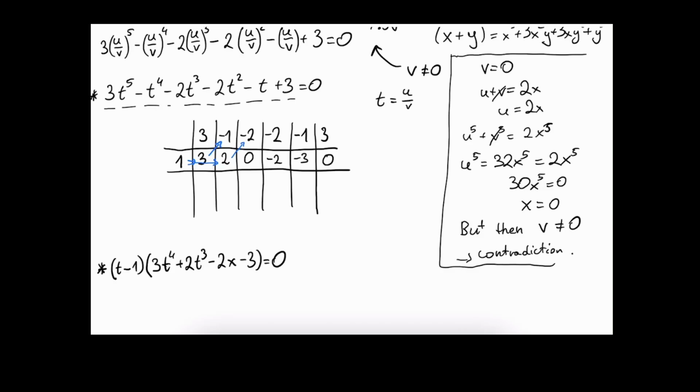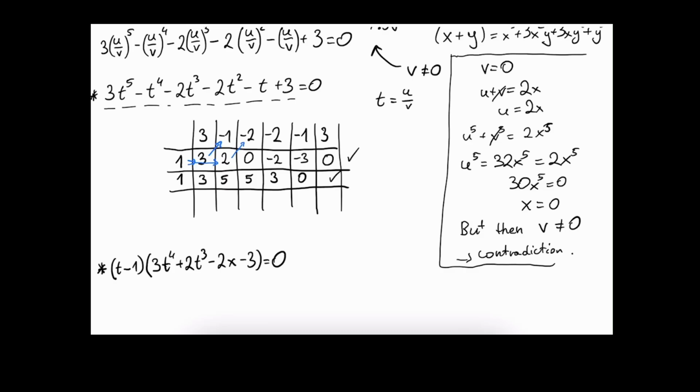And t equals 1 is a solution. Let's find another one. And we could also try one more time 1. Always rewrite the first number. 1 times 3 plus 2 equals 5. 1 times 5 plus 0 equals 5. 1 times 5 minus 2 equals 3. 1 times 3 minus 3 equals 0.